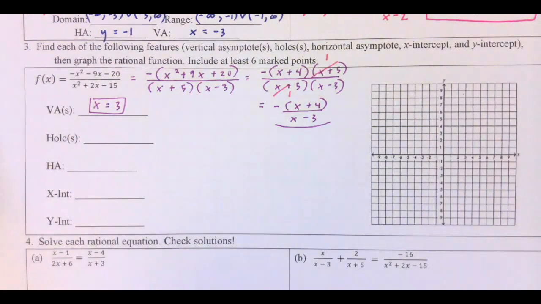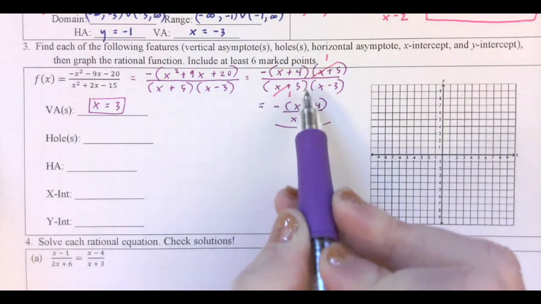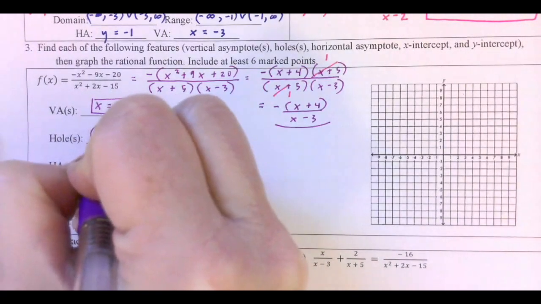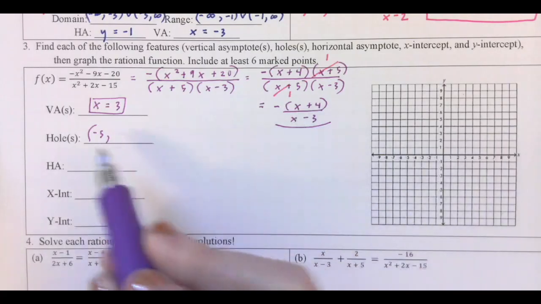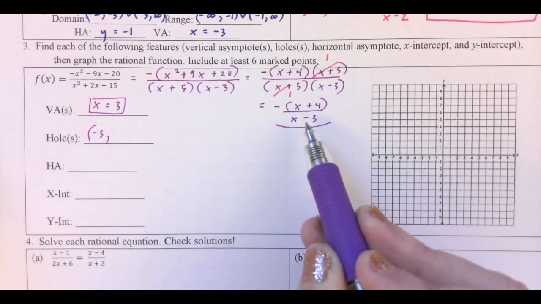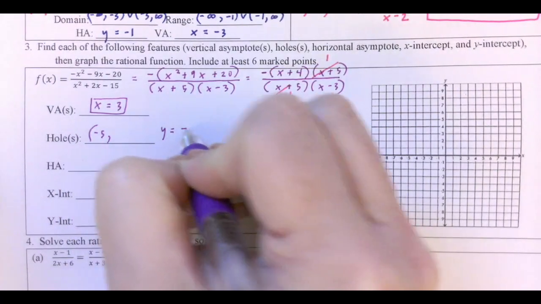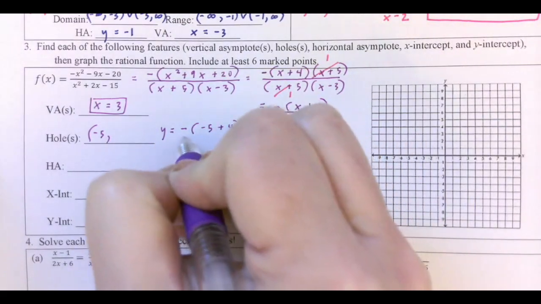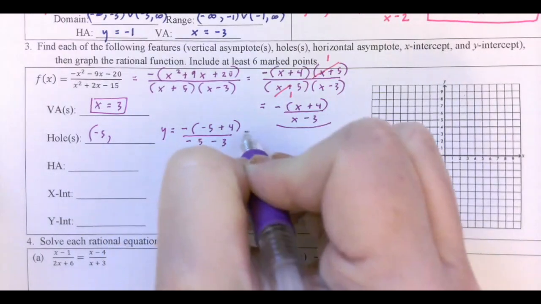Okay, any hole is what cancels away. So I'm going to have a hole right here at x equals -5. I just need to figure out what's the y value that goes with it. So I'm going to plug an x value of -5 into this structure right here and see what it outputs for y. So y equals -1 times -5 plus 4, all over -5 minus 3.